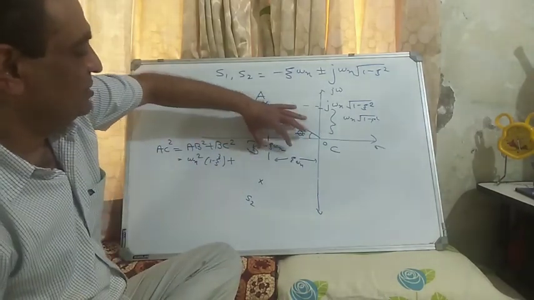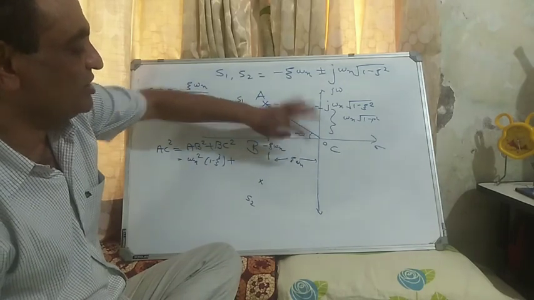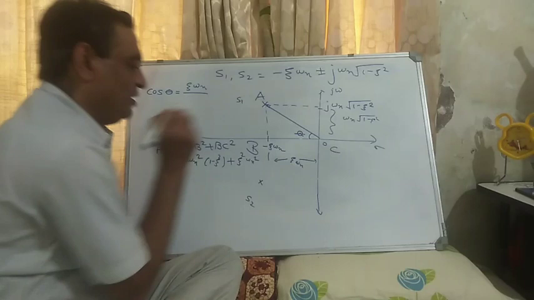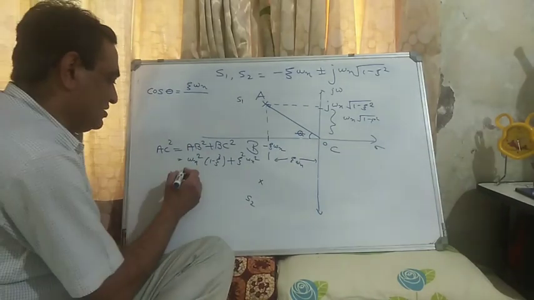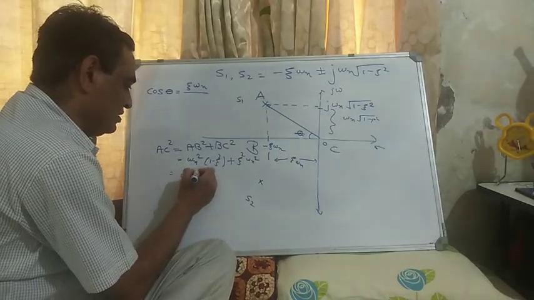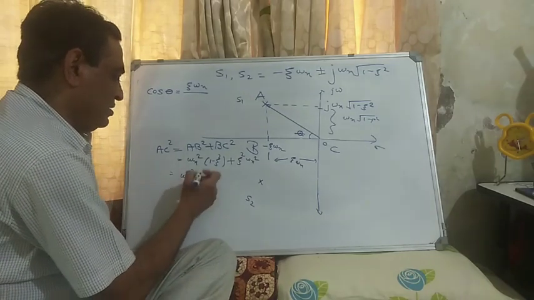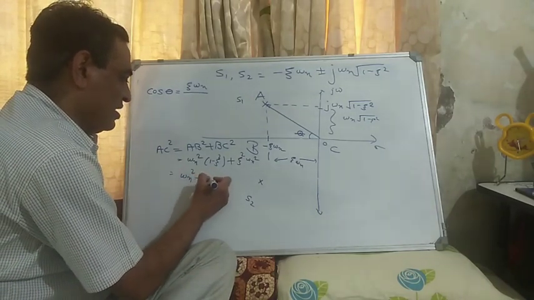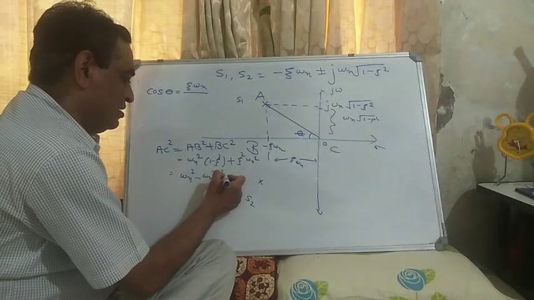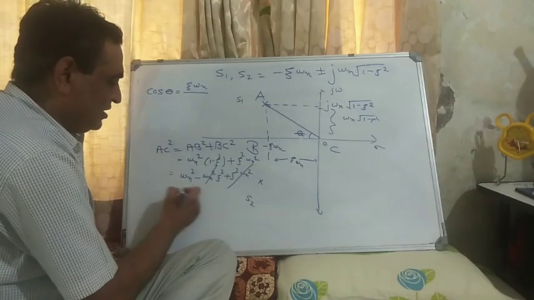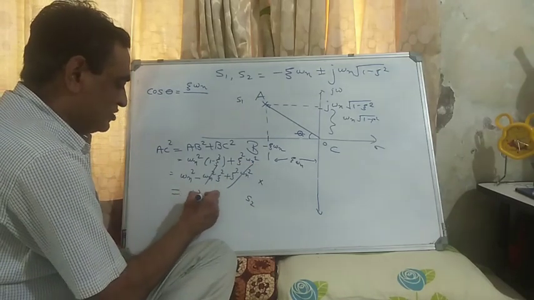BC is xi omega n, so BC square is xi square omega n square. If I expand this, omega n square minus omega n square xi square plus xi square omega n square, this gets cancelled and this is omega n square.